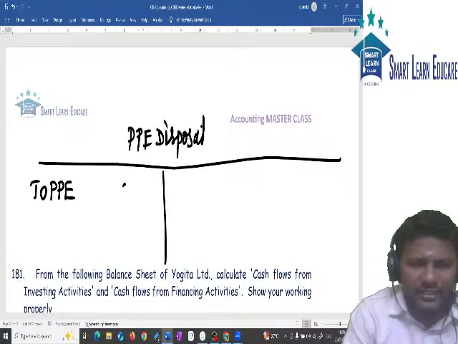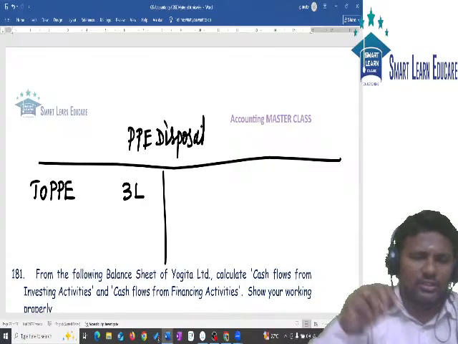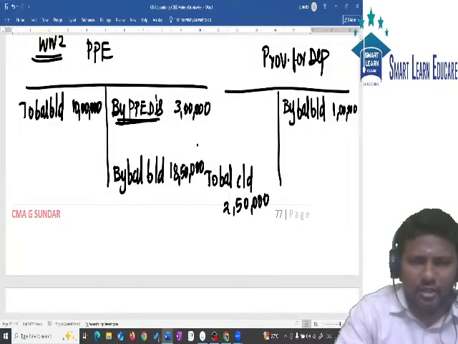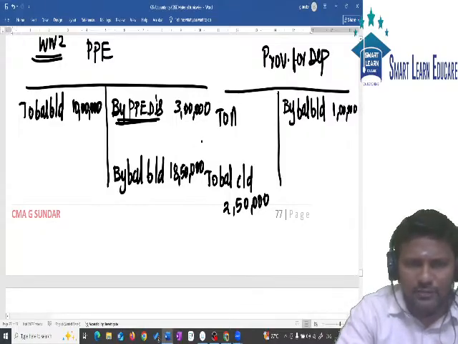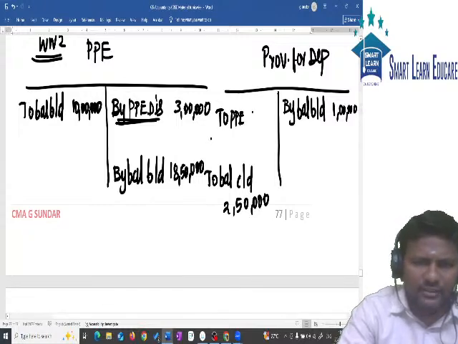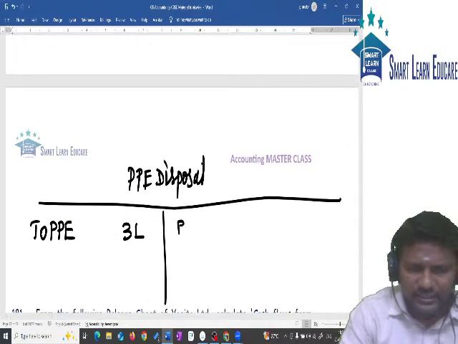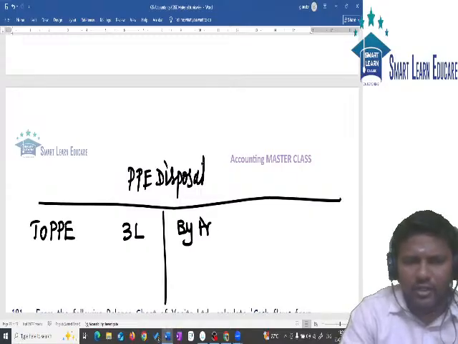What is the value of the asset? It is 3 lakh. And what is the accumulated depreciation on the asset sold? It is 45,000. In the asset disposal account, this will come on the credit side by provision for depreciation.